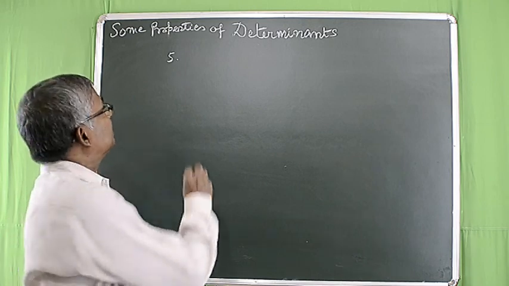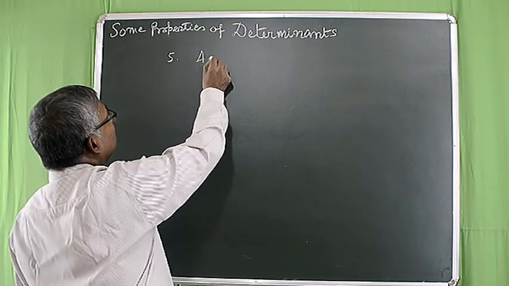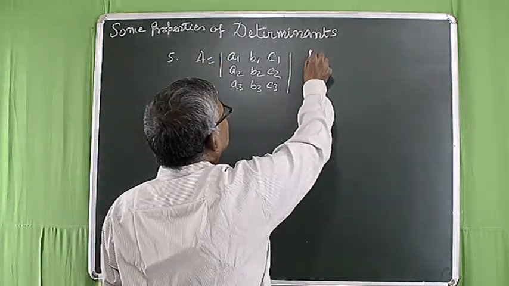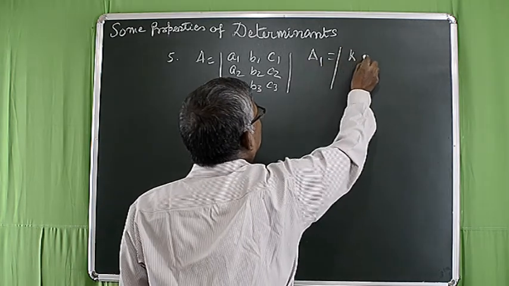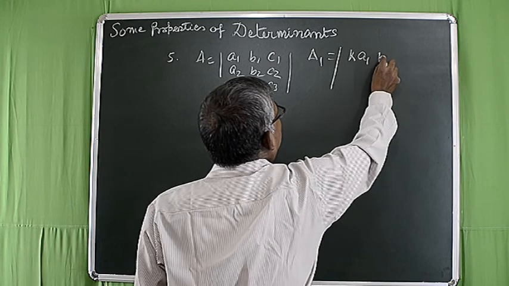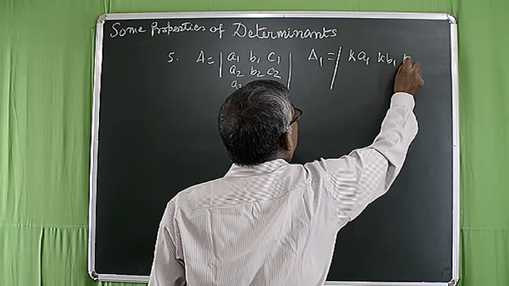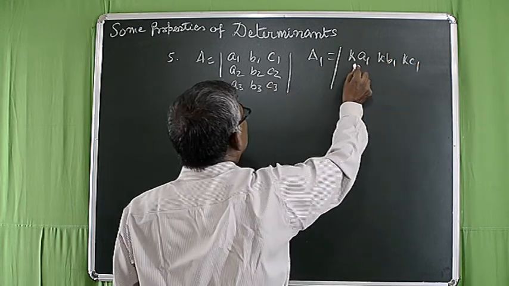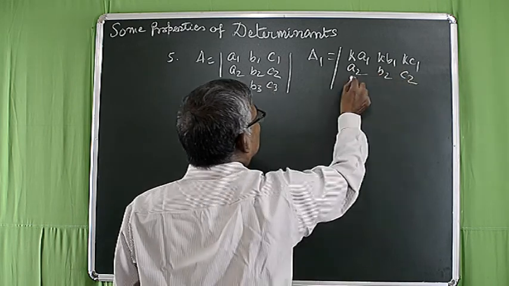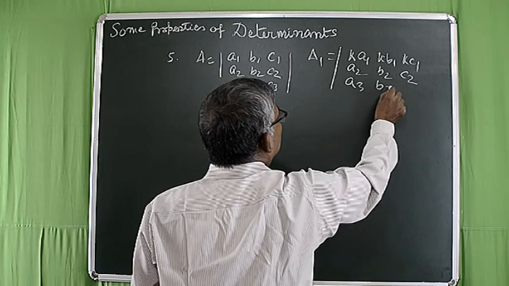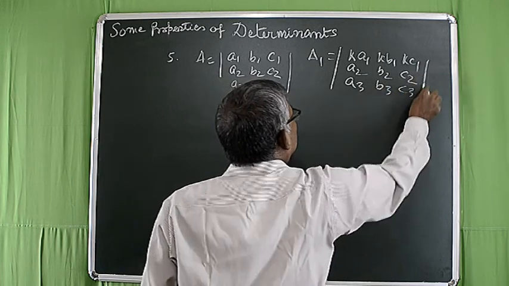Students, let del 1 equal to ka1, kb1, kc1, a2, b2, c2, a3, b3, c3.